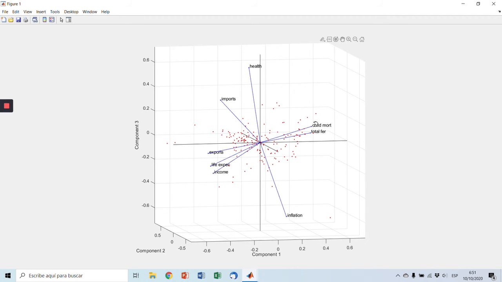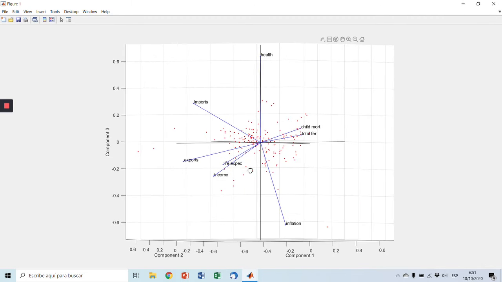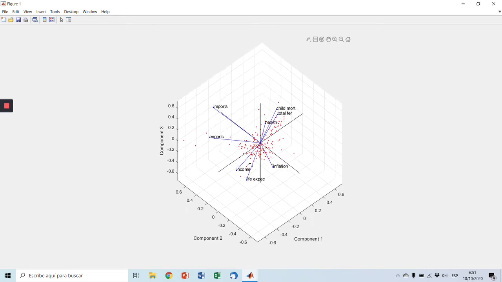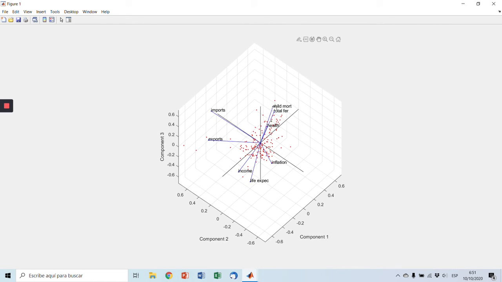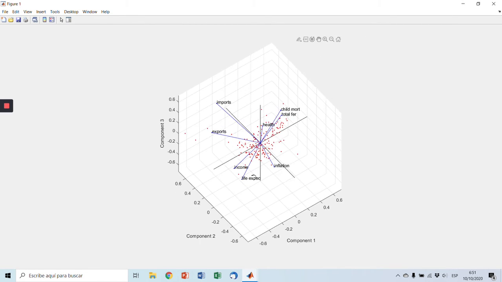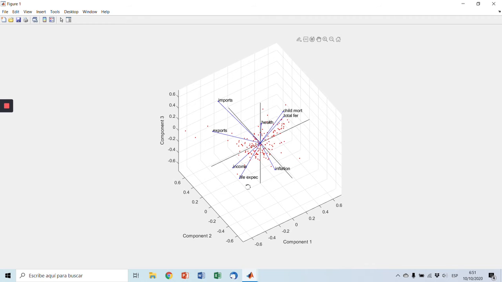And if we look at the structure of the lines, they are the opposite of income and life expectancy. So that means either you have very high child mortality and total fertility, and then you are low in income and life expectancy, or it is the opposite.